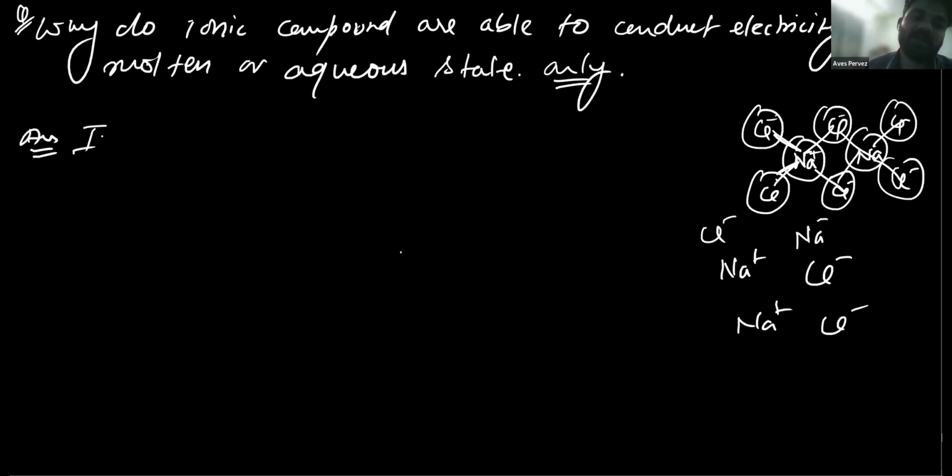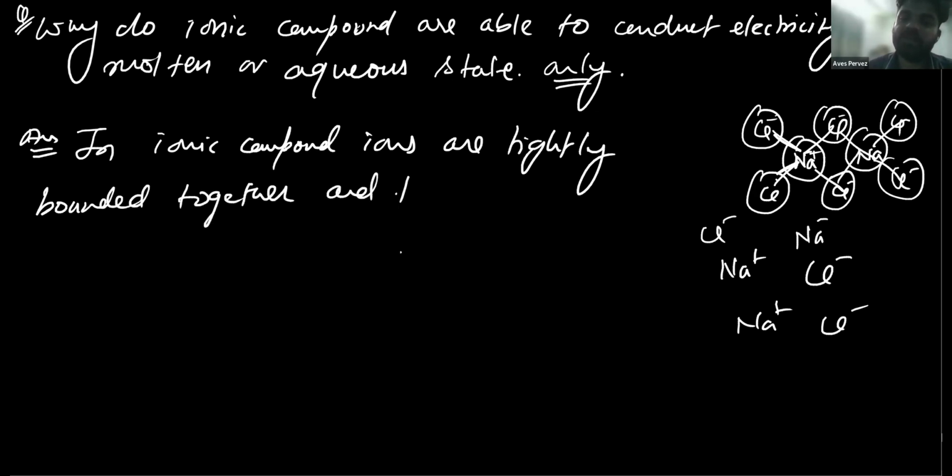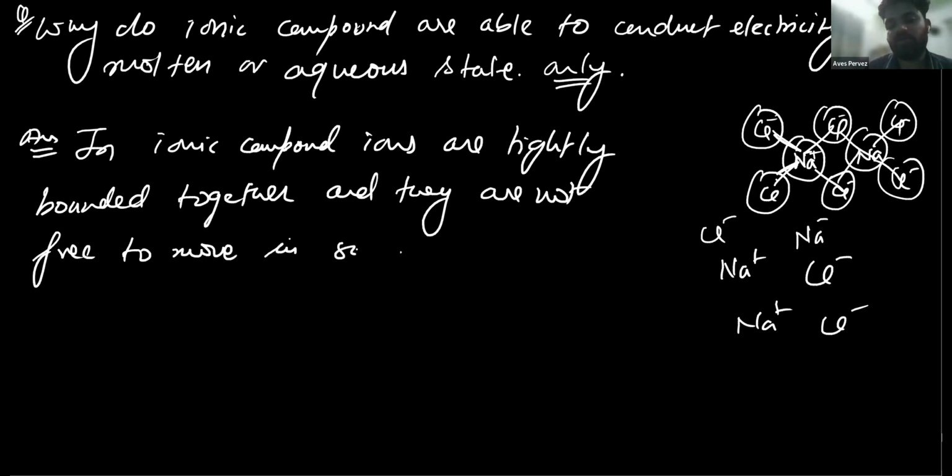In ionic compounds, ions are tightly bonded together, and they are not free to move in solid state.